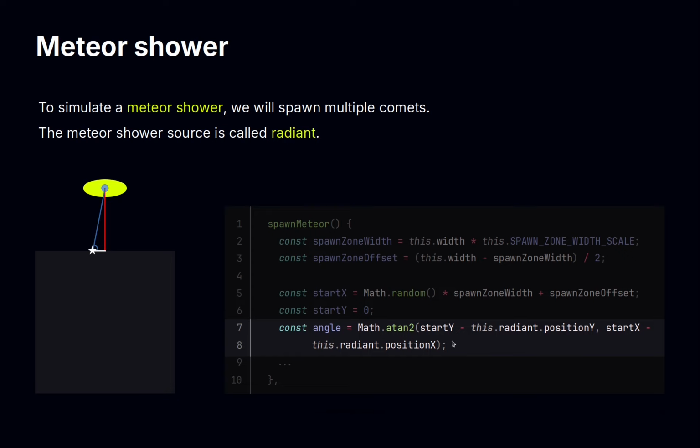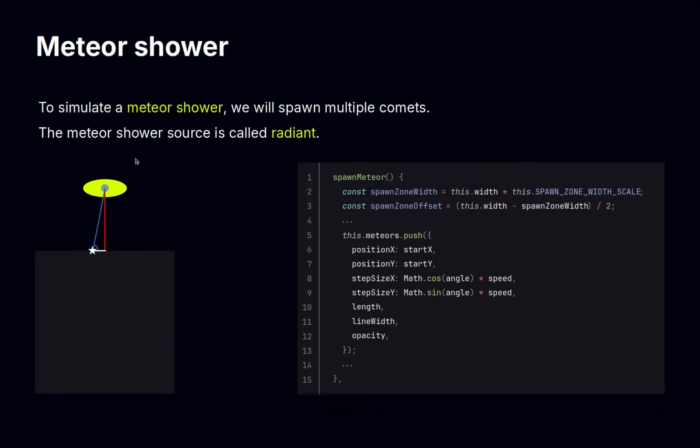And this is how we do this. Now we don't have just one y value, but we have the y value for the point and the y value for the radiant. Same thing for x. And this angle is here. This is the only change that we need to make in order to have the illusion of the comets coming from the radiant.